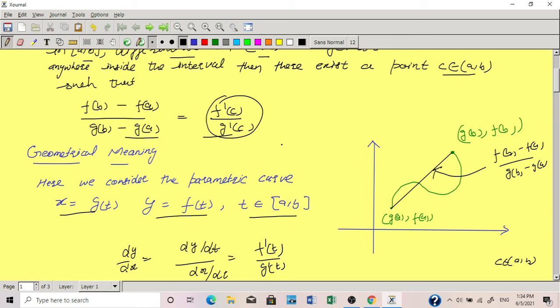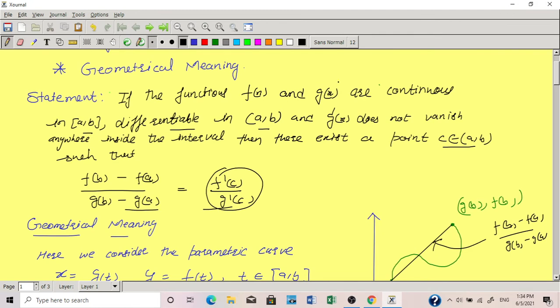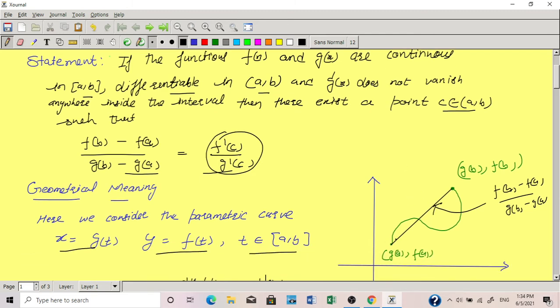So what does this theorem geometrically represent? If the conditions of the theorem are satisfied, that is, f(x) and g(x) are continuous in the closed interval [a, b], differentiable in the open interval (a, b), and g prime x does not vanish anywhere inside the interval, then there exists a point c in the interval (a, b) where the slope of the tangent line is the same as the slope of the line joining the end points of this curve.